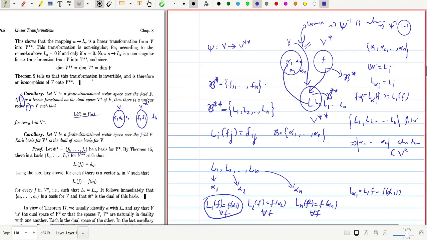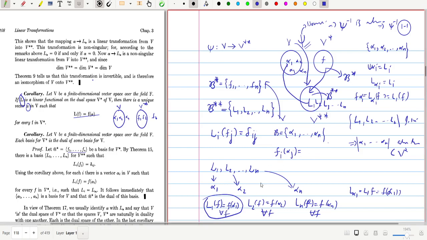Then what is the relation between these two? It remains to observe the relation between these two. We have already established the relation between Li and alpha i. Now we will establish the relation between fi and alpha j. So how will you find fi of alpha j? By this definition, fi of alpha j is equal to Li of alpha j, because Li of f is equal to f of alpha i for every f.